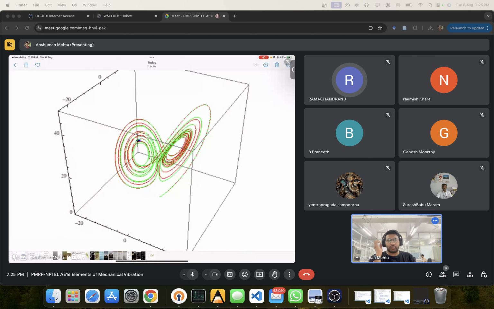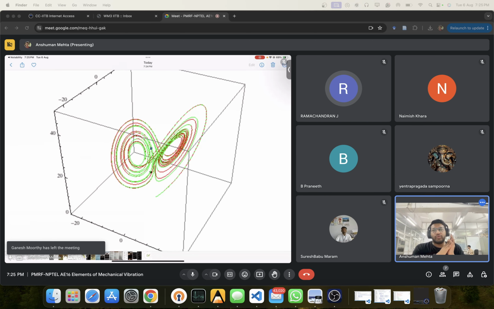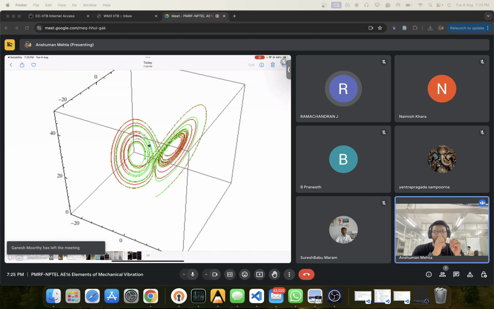Yeah. So it has formed different orbits now. So you don't know where that point actually is. You cannot describe where it will be. So this is what defining chaotic logic or nonlinear system responses means.